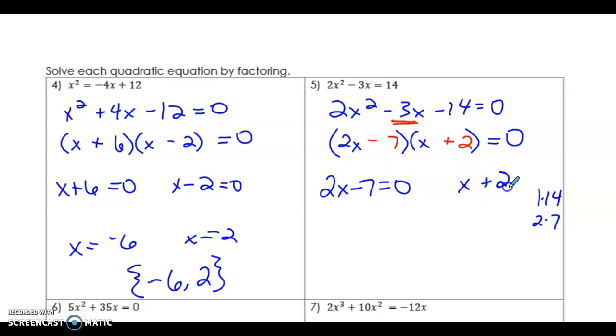Now this first one, this is one I see mistakes on a lot. Students want to just say that the answer should be 7, but that won't quite be right, okay? Because you need to solve for x is what we're doing. So we need to add 7 and then divide by 2.